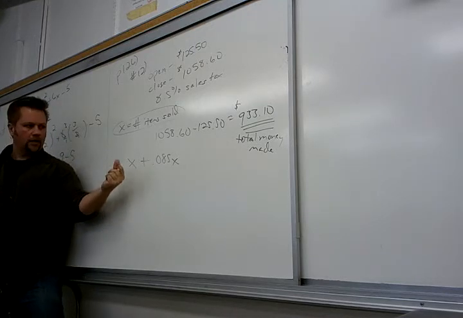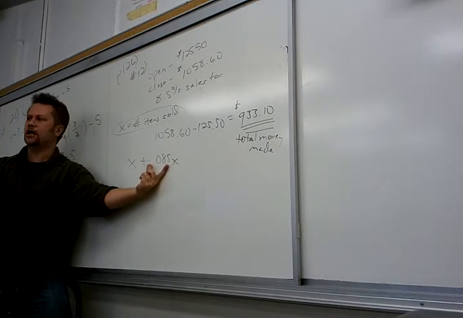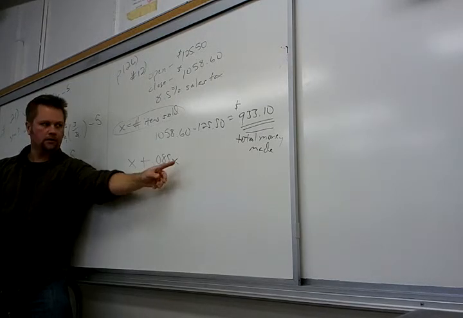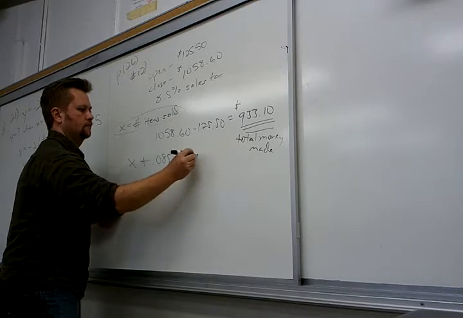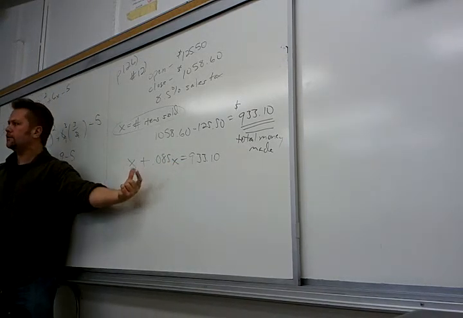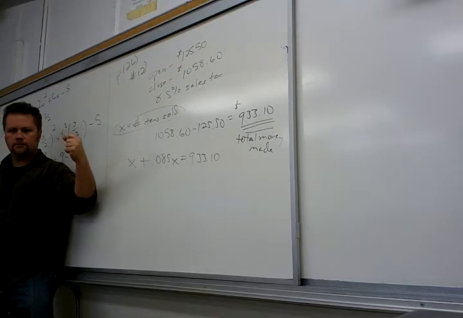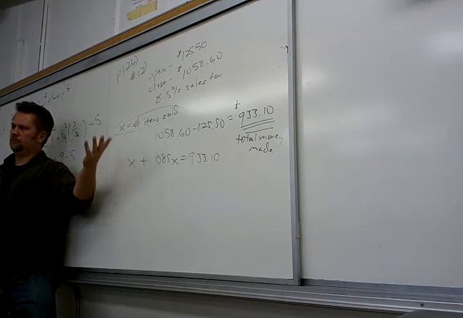So where did I get my money from? The money they actually gave me plus the tax on top of that equals 933.10. The one we did the other day was exactly like this, but it was a discount, so it was a minus there.